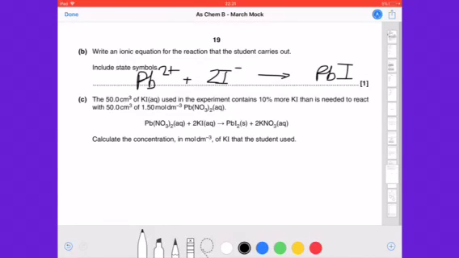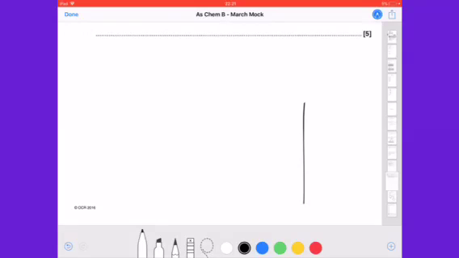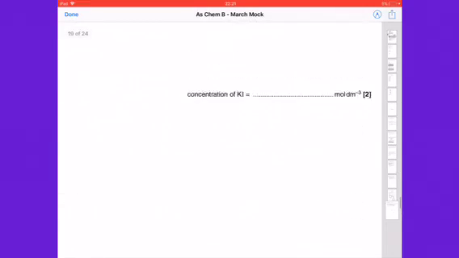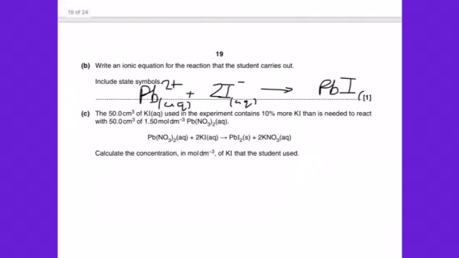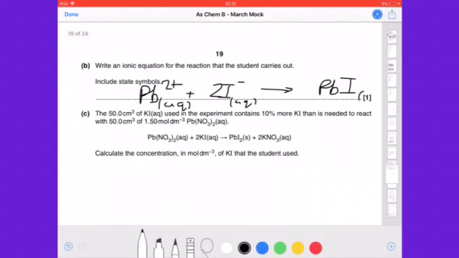Both of the original ions at the start are aqueous. And the lead iodide is a solid at the end. Apologies for that. There we go. So your lead iodide at the end, like I said, is a solid.